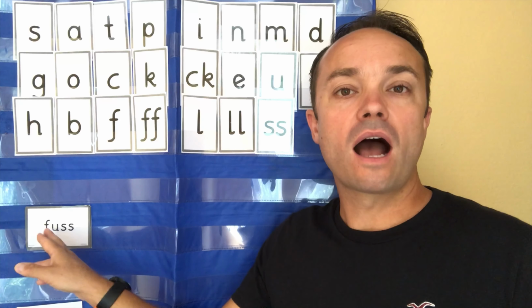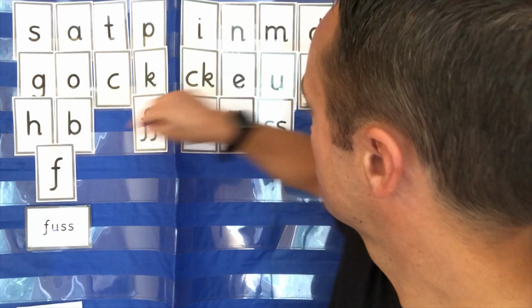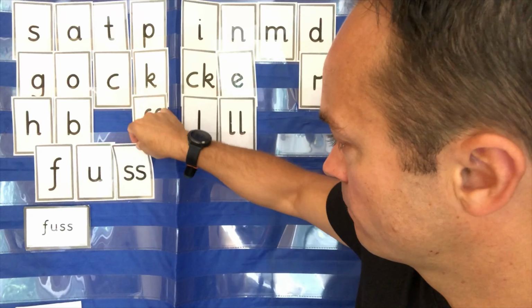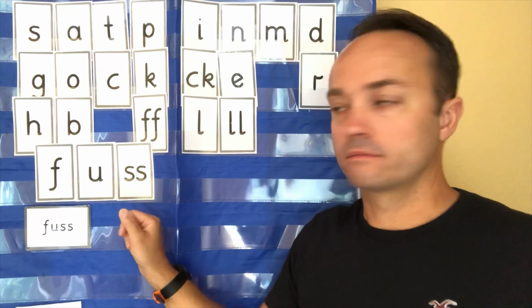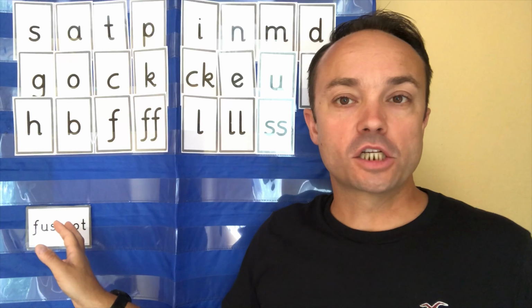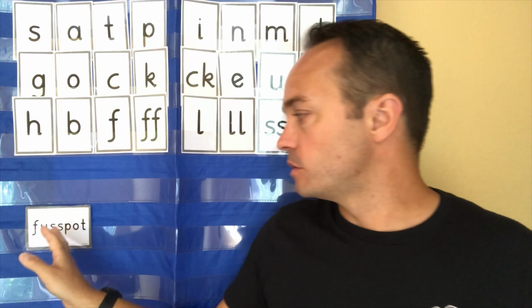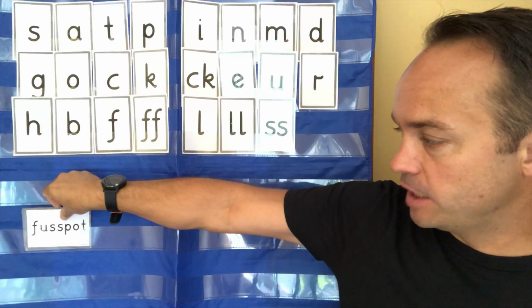Fuss. F-a-s. Fuss. When you get these two-syllable words, which are a compound word really, made up of two words which are correct as they stand alone, we've got fuss and we've got pot, be sure to teach fuss first.